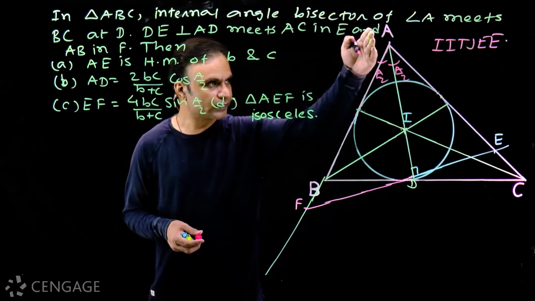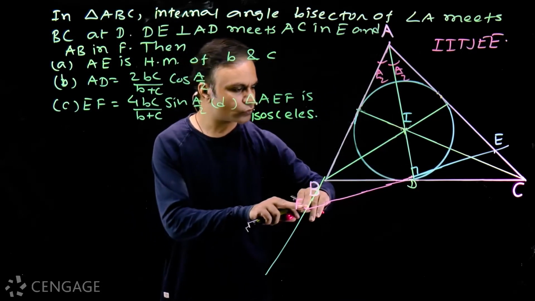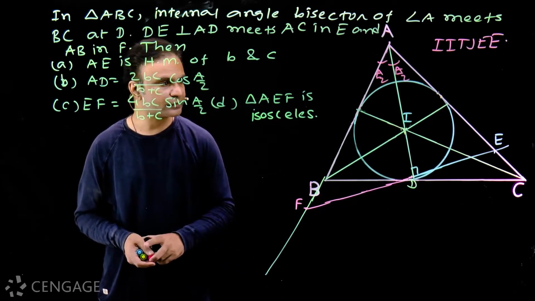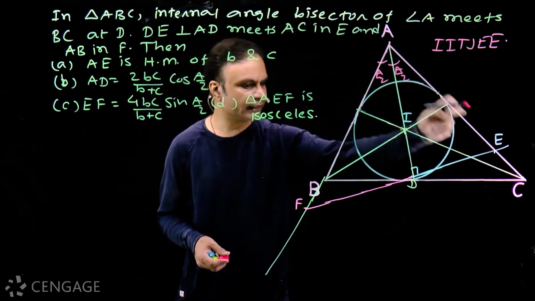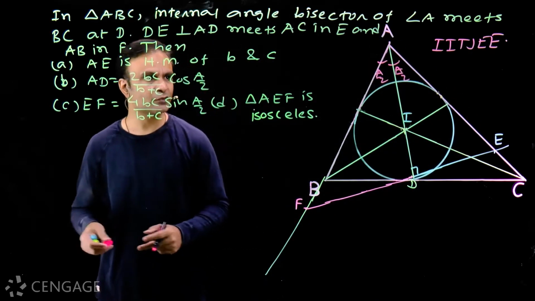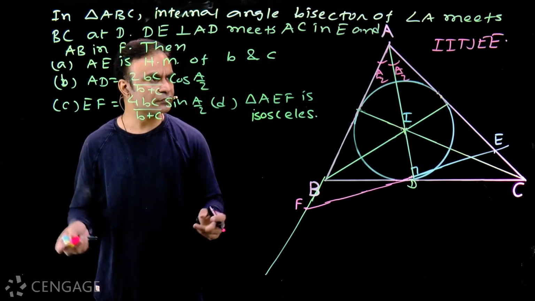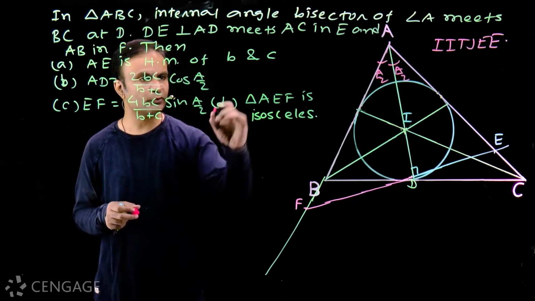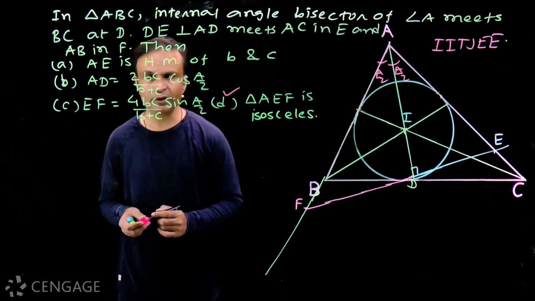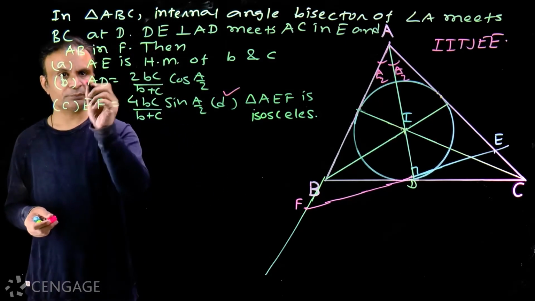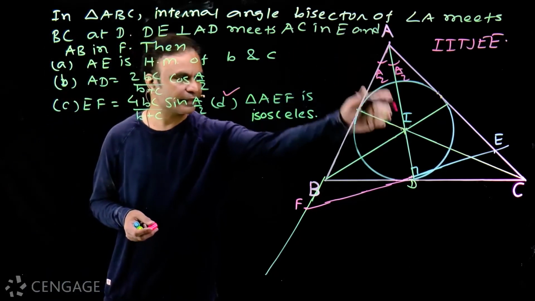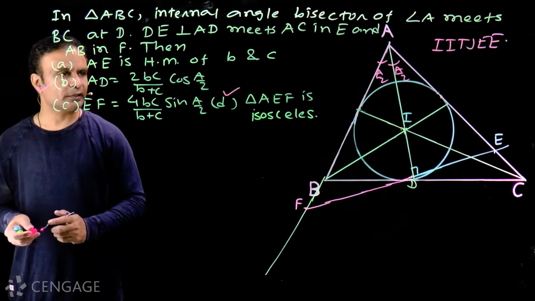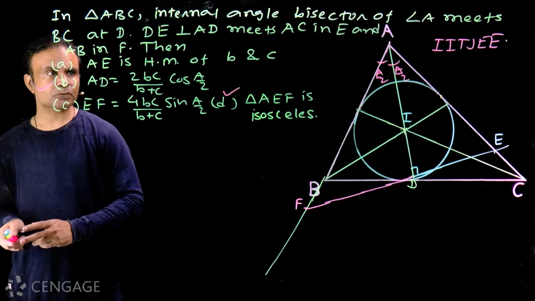This is the internal angle bisector which is perpendicular to the opposite side, and this is possible only if triangle AEF is an isosceles triangle. In an isosceles triangle, the internal angle bisector is perpendicular to the opposite side. So option D is correct. Also option B is correct because the length of angle bisector AD is 2BC upon B plus C multiplied by cos A by 2.